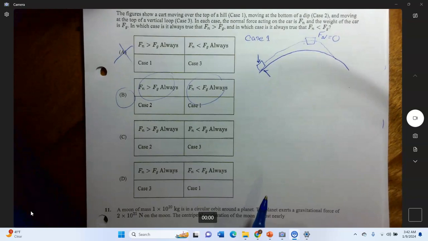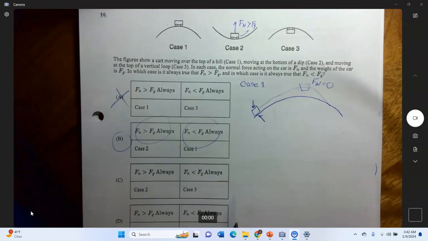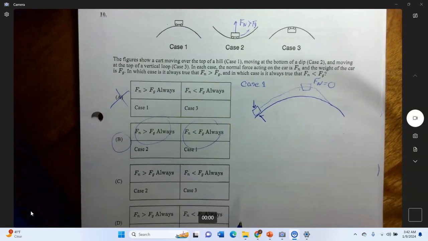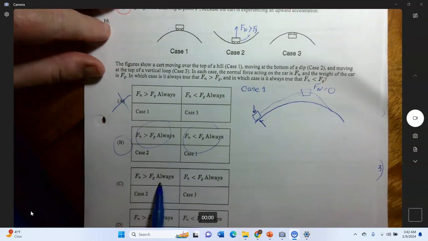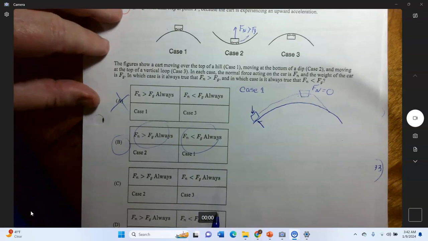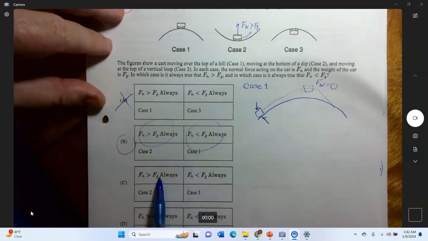You may say, well, wait, I see more than one that looks like it's true. Okay, so case 2, Fn is greater than Fg always. And case 3, Fn is less than Fg always. Not necessarily. This one should be Fn is greater than Fg always.